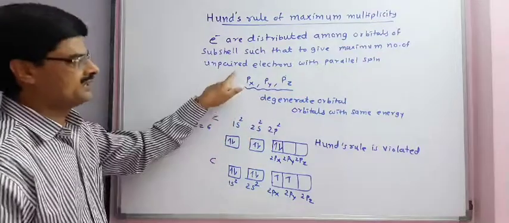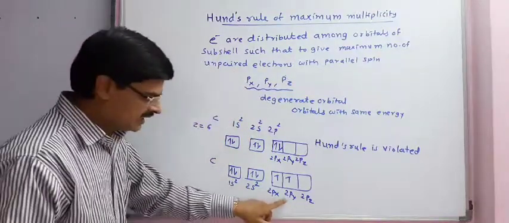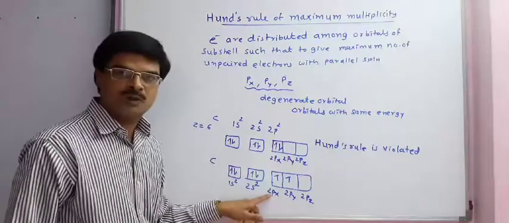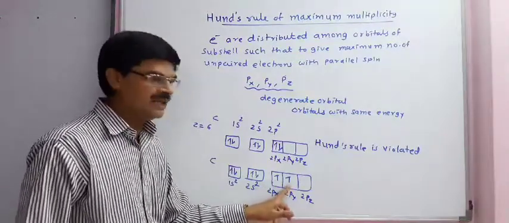So from the definition, again we can understand that maximum number of electrons remain unpaired with parallel spin.